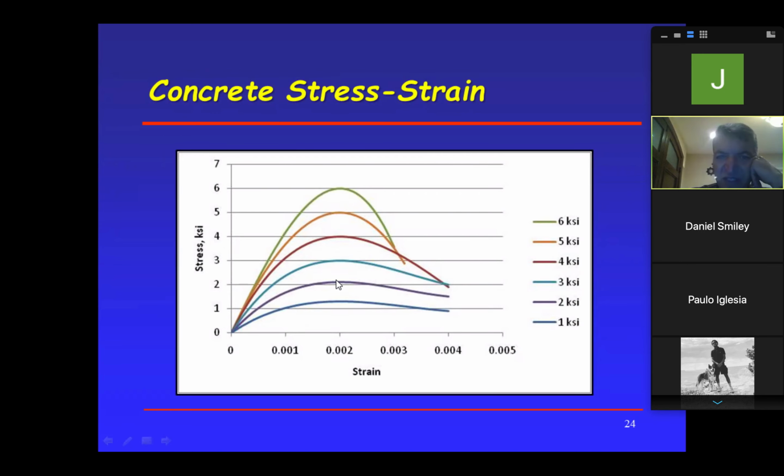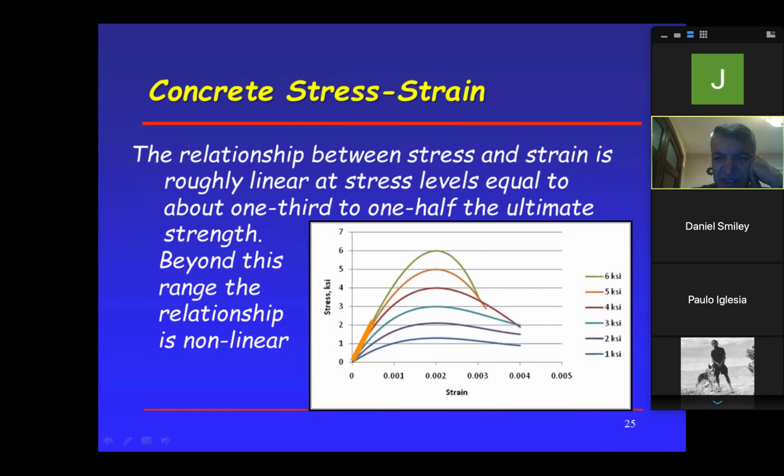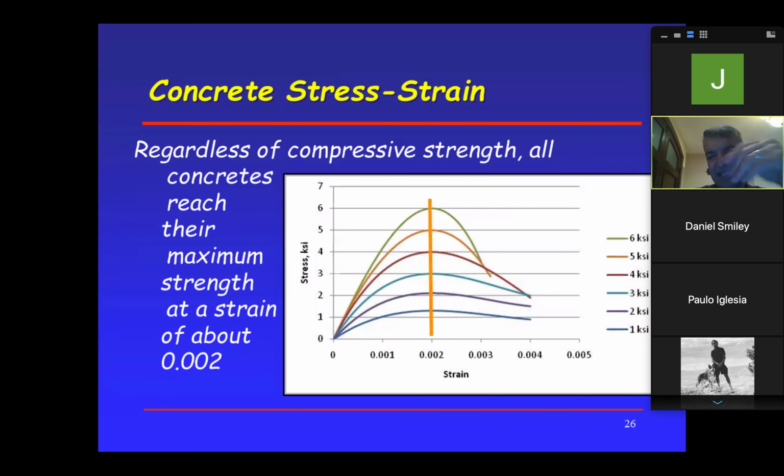And then the next graph is going to show us that. We'll talk about that. The peak happens at 0.002. Why is that? We don't know. It's a material property. The nature of this material gives us that. And you know, when I did my PhD at UCI, I broke over 100 columns, different sizes of concrete columns.